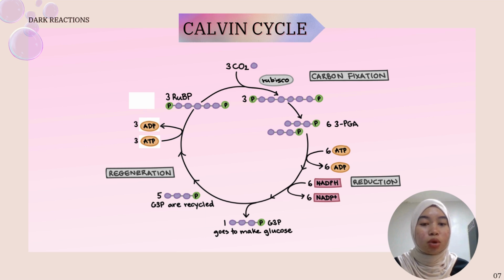Both of these processes are fueled by an enzyme that is using ATP. This G3P molecule will go on to make glucose, however, there's only 3 carbons here. So, this whole process has to occur twice for one glucose to be made. These numbers in front of the molecule represent how many of those molecules are present.